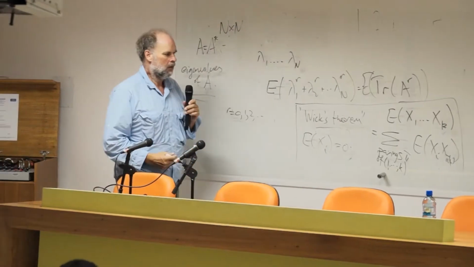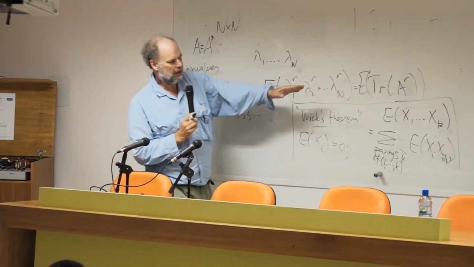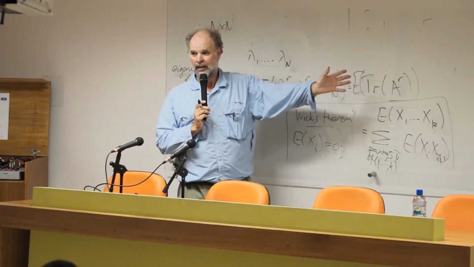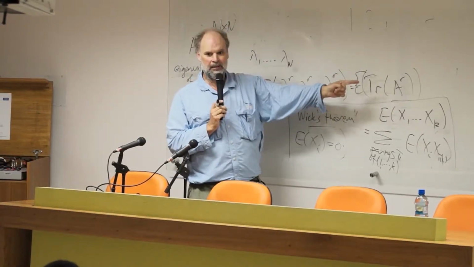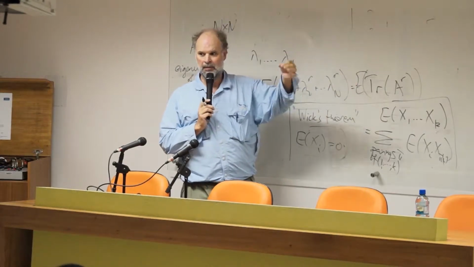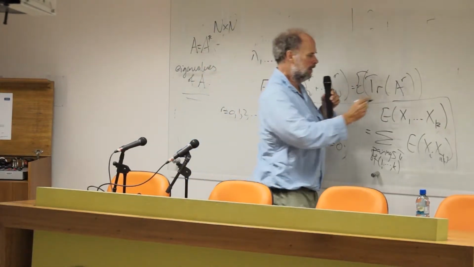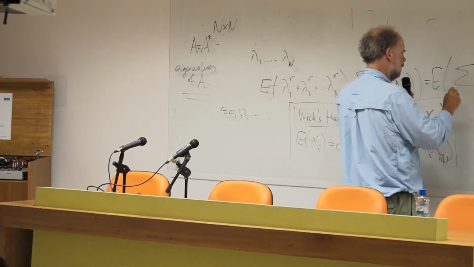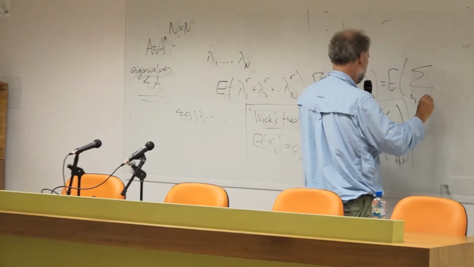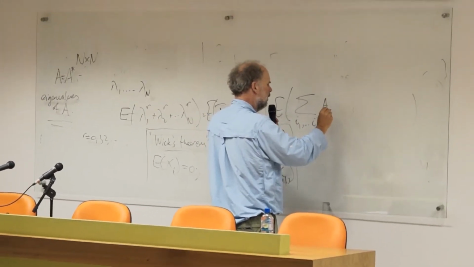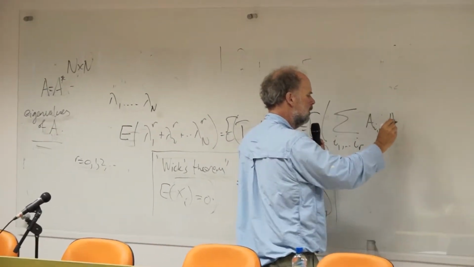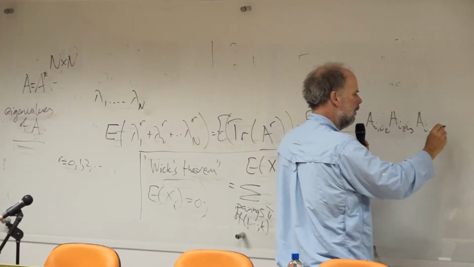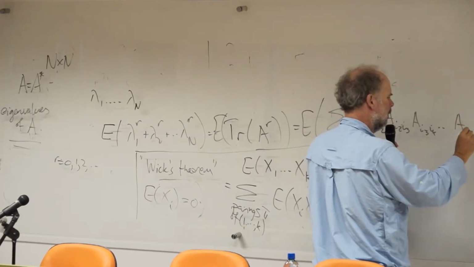It's quite useful. So now I'm going to attack this problem of calculating the expected value of the trace of A to the r in the most explicit, naive way possible. I'm going to write out the trace of A to the r explicitly in terms of the matrix elements of A. So this is the expected value of the sum over indices i1 up to ir of A i1 i2, A i2 i3, A i3 i4, and so on up to A ir i1.